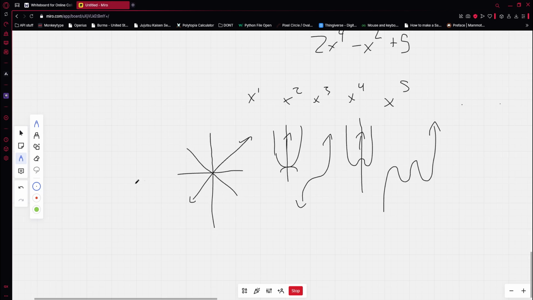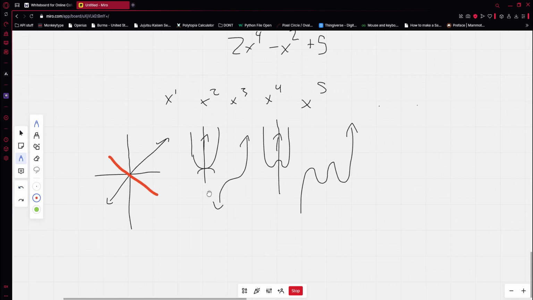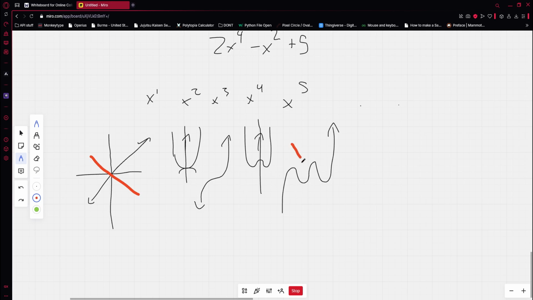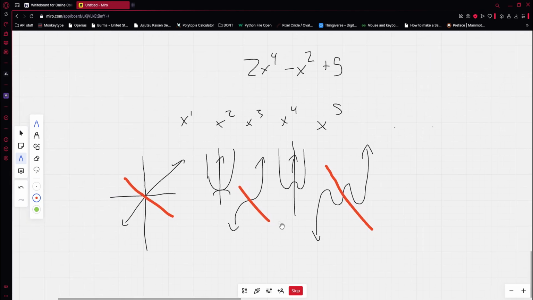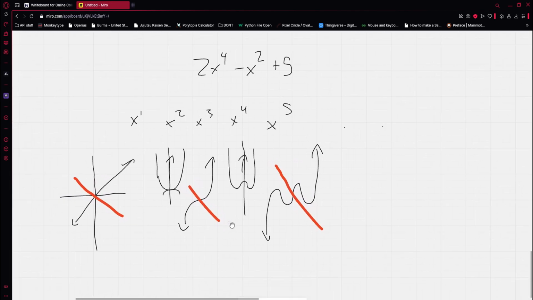So if we were to cut it in half like this, it's symmetrical. If we were to cut it in half like that, it may be weird, but it's symmetrical. Same here, right? So those are some rules about functions that you need to keep in mind.